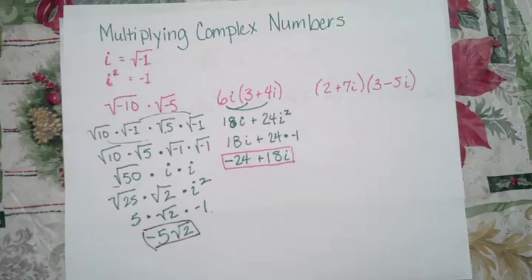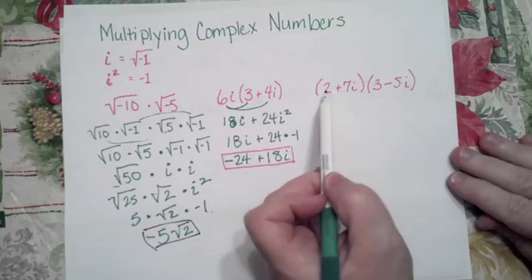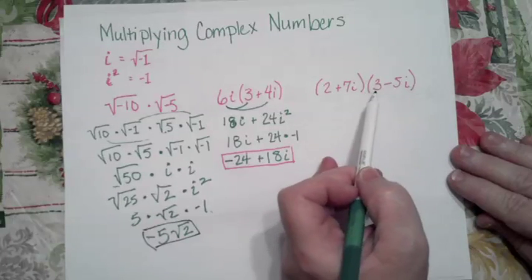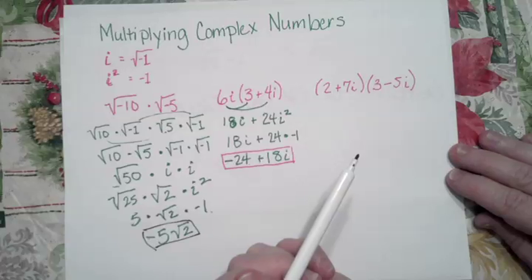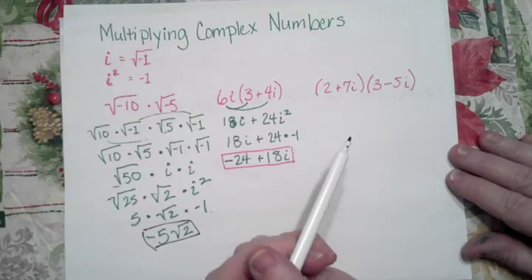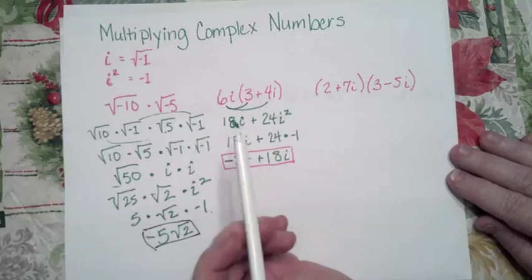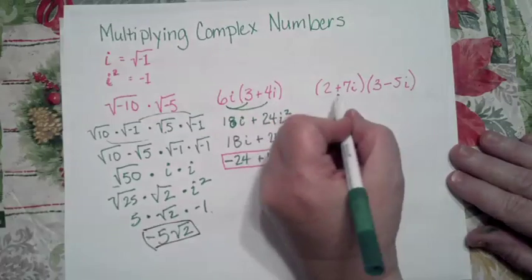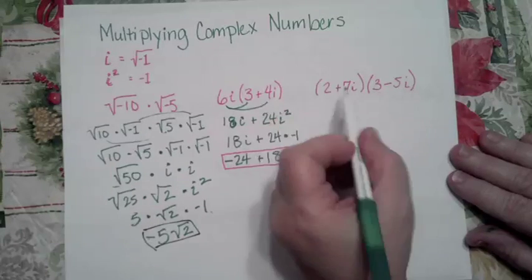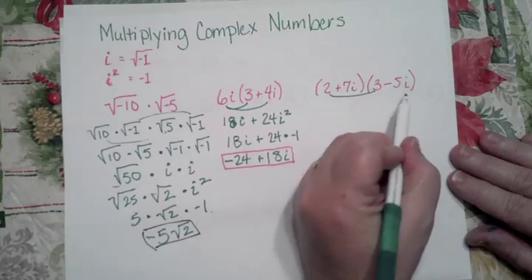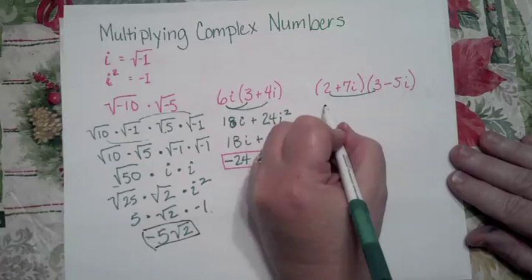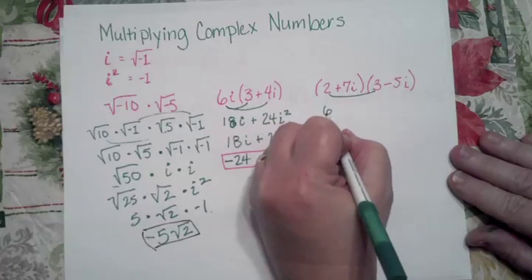So let's try it with the other one. Here I have two complex numbers multiplied to each other. I have 2 plus 7i times 3 minus 5i. Okay, well this one, just like before, we use the distributive property, or we use the FOIL process, where we multiply everything over here by everything in there. So we have 2 times 3, which is 6.